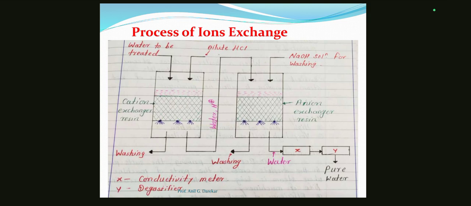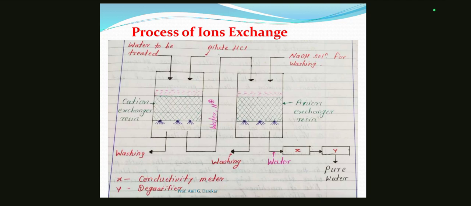If we see the procedure, first we have to add water in the cation exchanger resin. Here water passes through the cation exchanger resin where all cations are captured. All types of cations like Ca2+, Mg2+, Fe2+ get captured, and in exchange H plus ions are released.